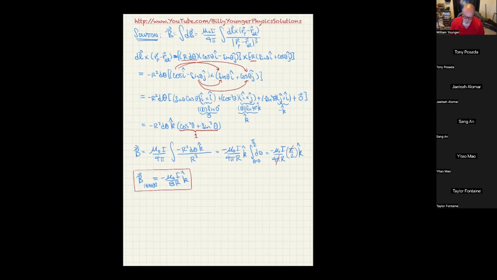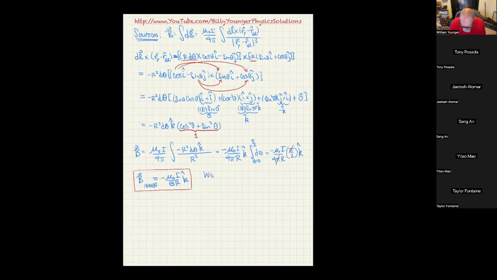So notice what all happened there with that arc is basically we ended up just getting d theta times mu 0 I over 4 pi r, and then something to specify the direction. So let me write that out.